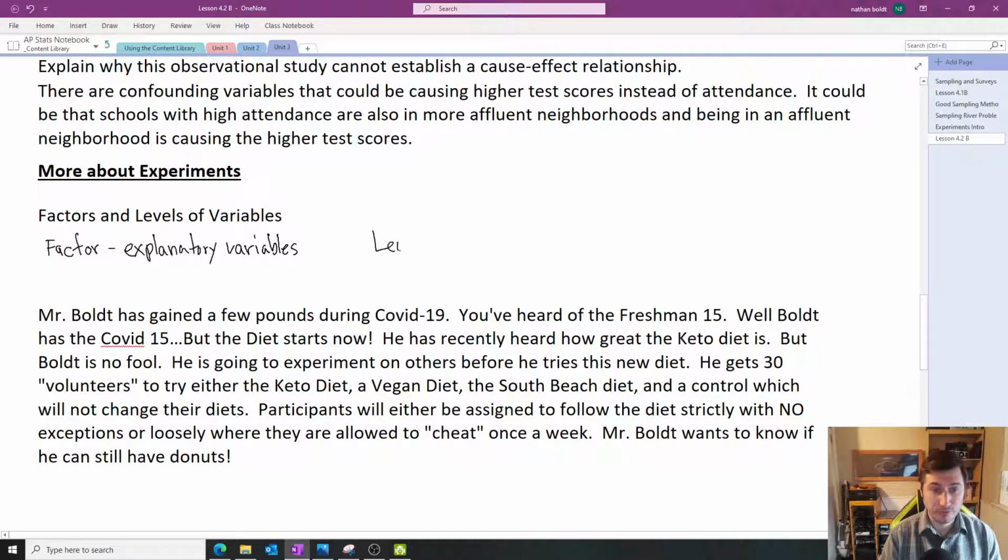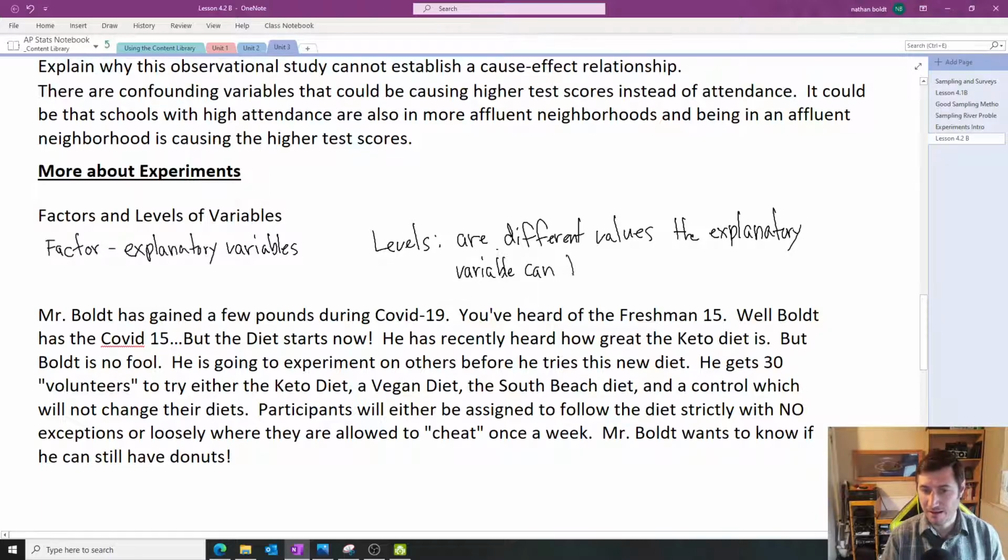Your levels are different values the explanatory variable can have. All right, those are sort of general statements. That'll make sense when we do one example. You have factors, and you kind of have the levels of those factors.